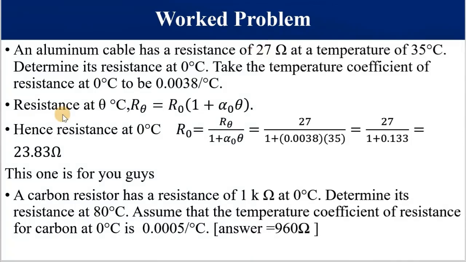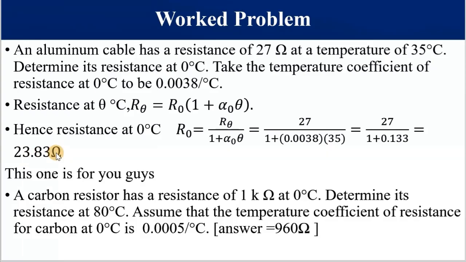This time, guys, you must make R naught the subject of the formula. And how is it determined? We saw that from a slide before. Your resistance at 0 degrees Celsius is your resistance at, in this case, 35 degrees Celsius divided by 1 plus the temperature coefficient and also the rise in temperature. And if you solve this, guys, you must get 23.83 ohms.